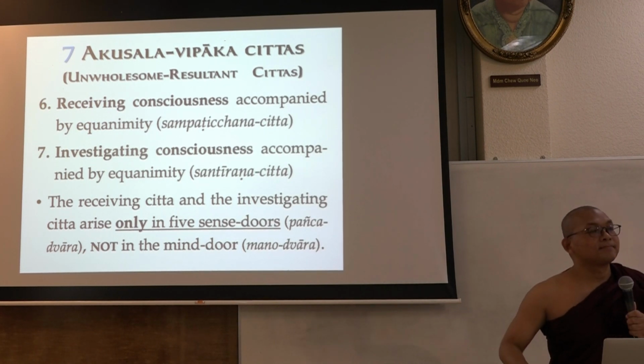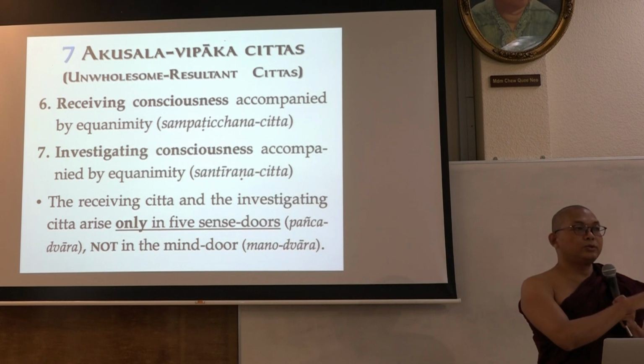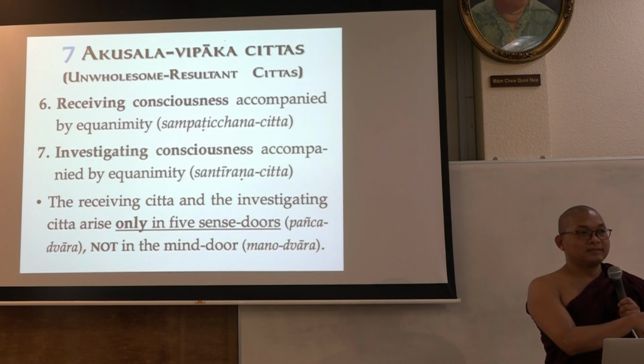The question is, how come there are only 7 resultants? Because there are 12 akusala chittas, but how come there are only 7 resultants? Because the 12 akusala are unwholesome karma, and this one is vipaka, resultant.